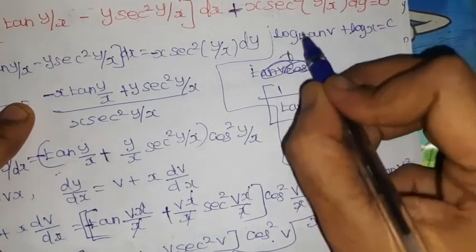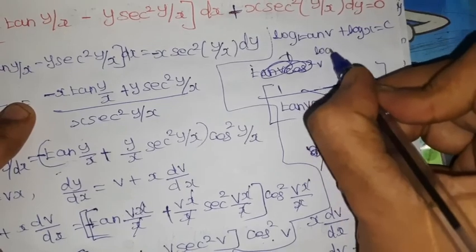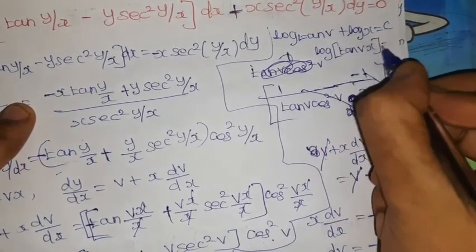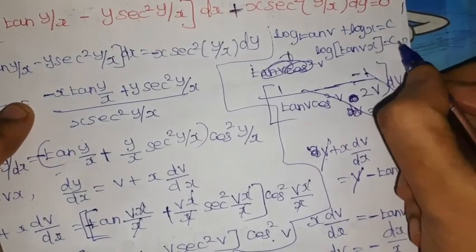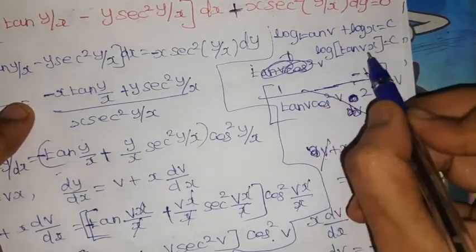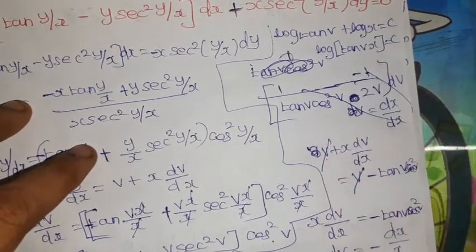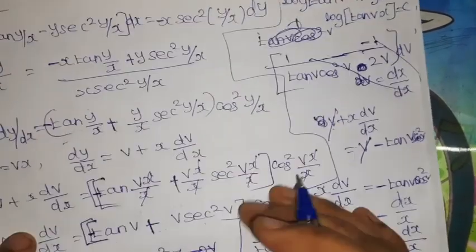Then log a plus log b is nothing but log of a into b, so log of x tan v equal to c. By taking anti-logarithm, what will we get? x tan v equals some constant.